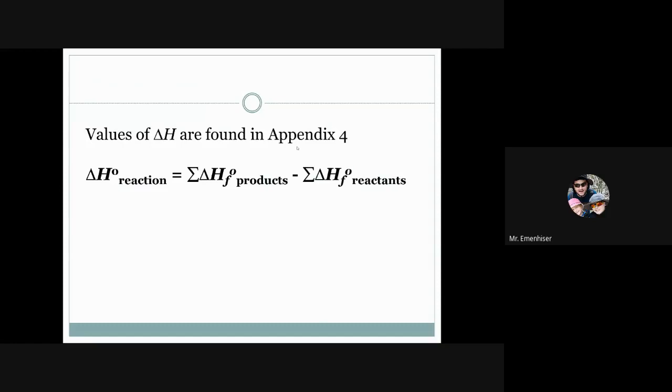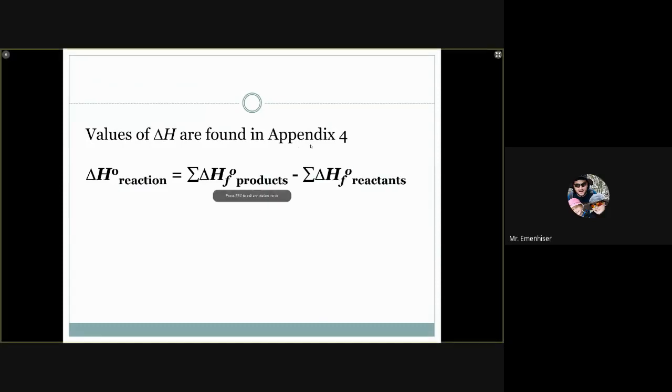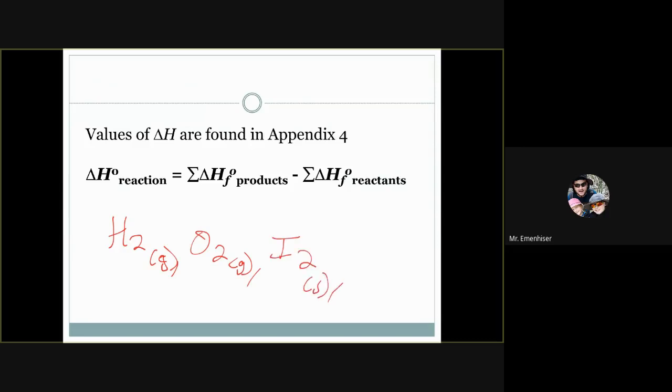So if we have a pure element, there is no energy needed to make it, right? Because we're not making a compound, it's still an element, and so it's defined as 0. So if we had H2 as a gas, or O2, or I2, which is a solid, or Br2, which is a liquid, or fluorine gas.